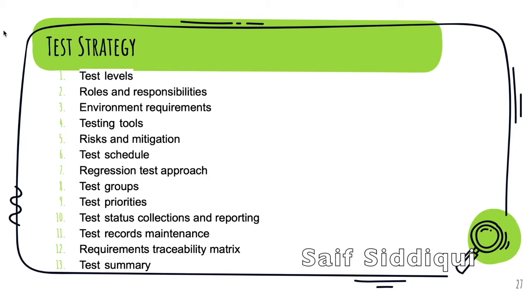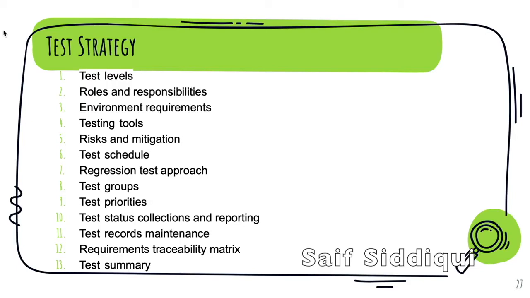Then test priorities, so depending upon the functionalities and the business requirement that we are getting, we need to define the test priorities. The test cases which have higher priorities, we are going to test them first. Then at the end we are going to report the status collections and number of bugs reported, and apart from that how many test cases have passed and failure reports.